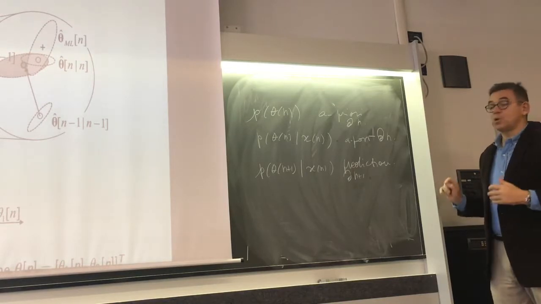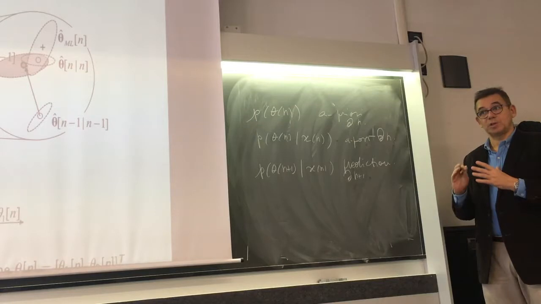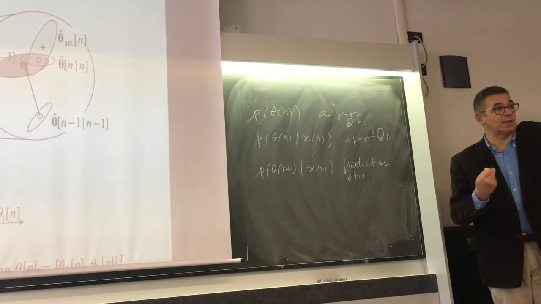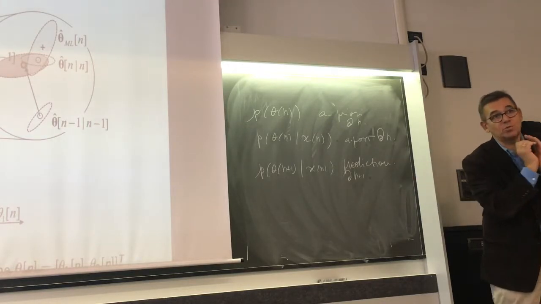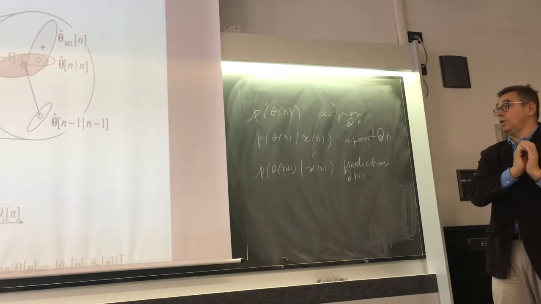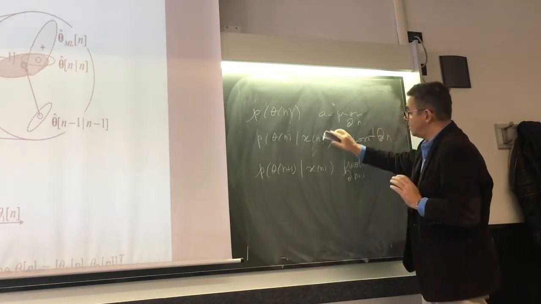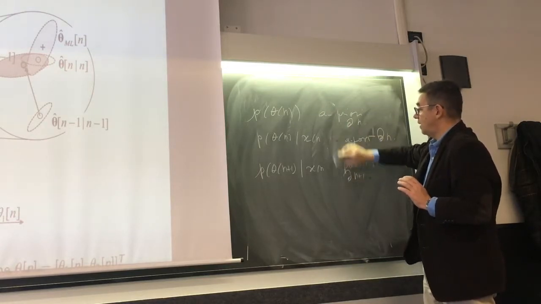Now, there is no reason for the problem to limit ourselves to the time n, because I'm collecting all the data in time. So rather than focusing on just one time interval, I can extend this information not just to n, but to all the data up to n.